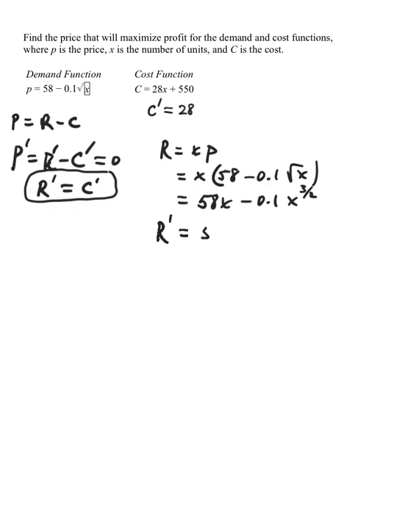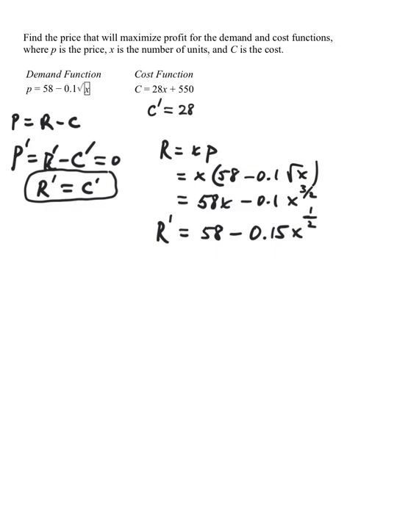That's 58 minus 0.1 times 3/2. 3/2 minus 1 is 1/2.